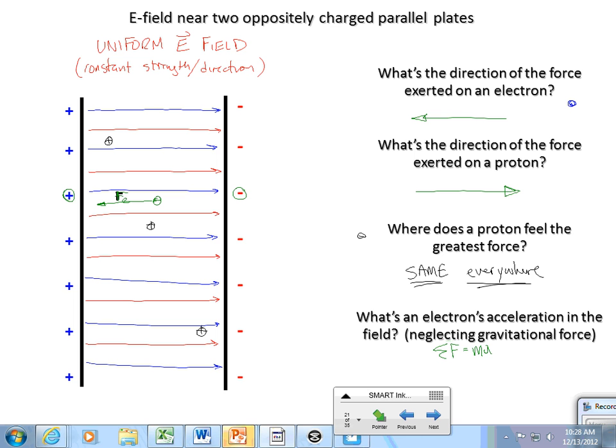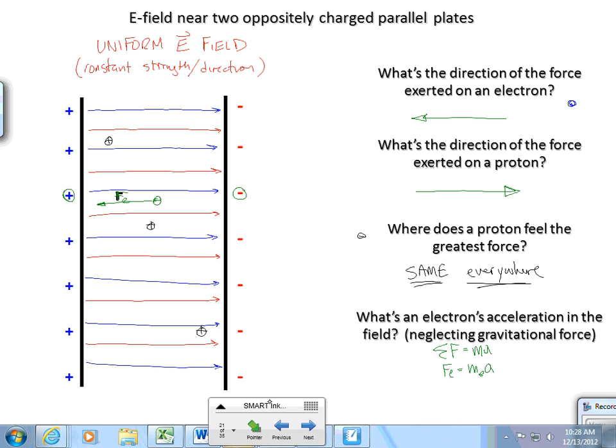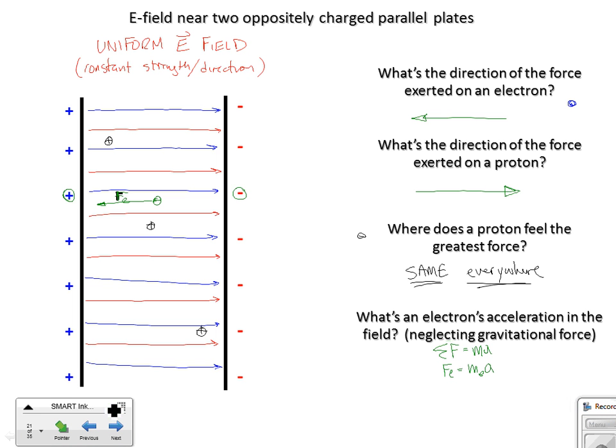So that means that this electrostatic force is the mass of an electron times a. And that means we can write this as Q times E equals m times a, or really e times E equals ma. So the electron's acceleration will be e, the charge of an electron, times E, the electric field, over the mass of an electron. Fair enough?